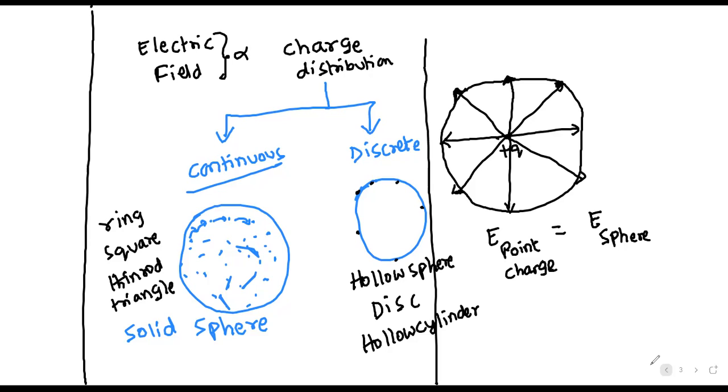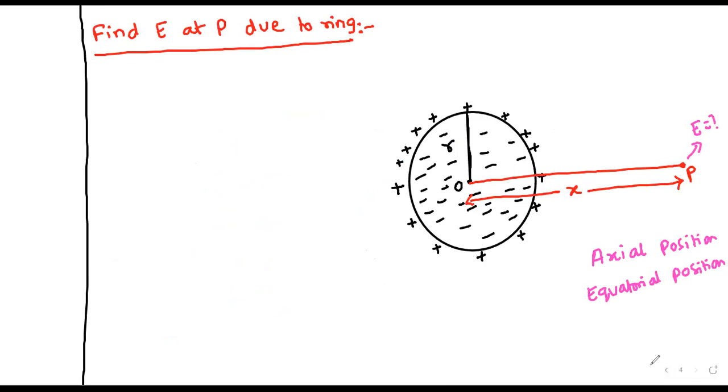Now see here, P is a point which passes through the center of the conductor, so it can be called an axial point. In some textbooks, instead of writing P, they will write axial point. Find the electric field of a ring at an axial point due to a ring.